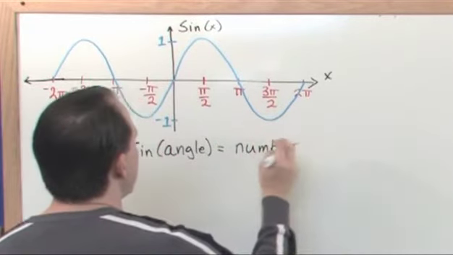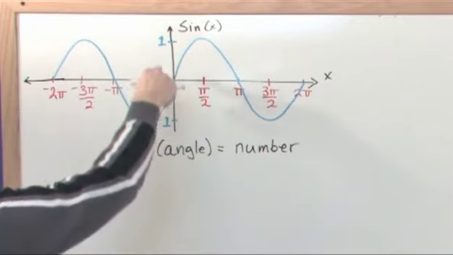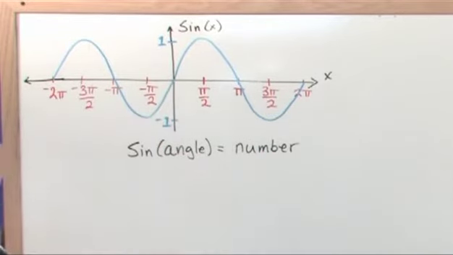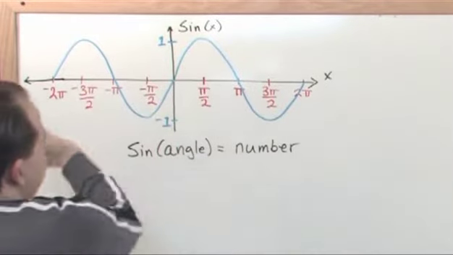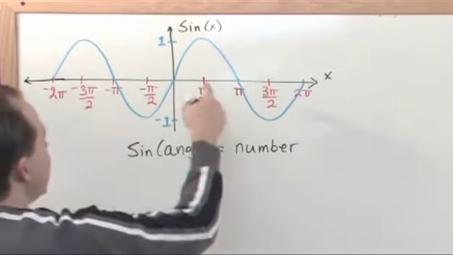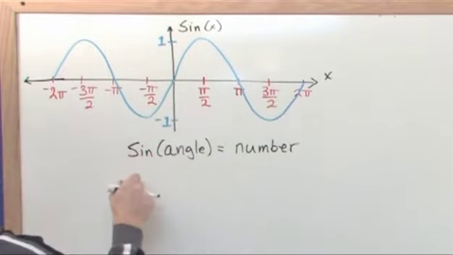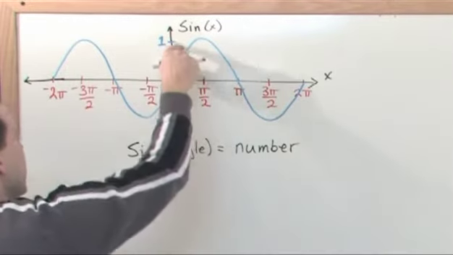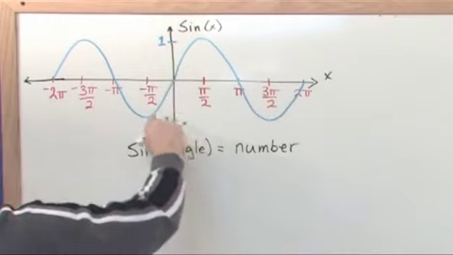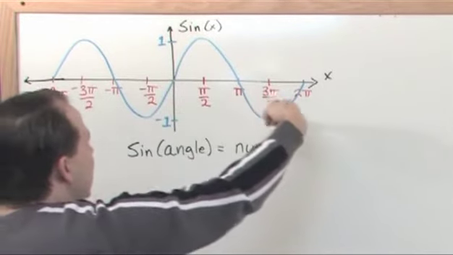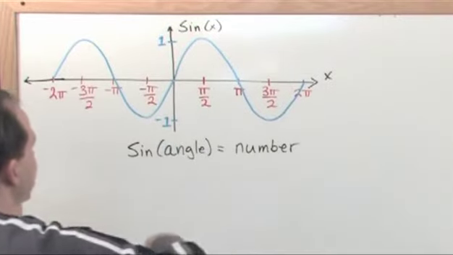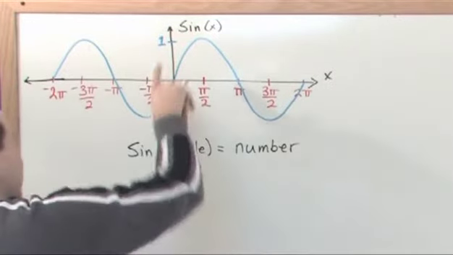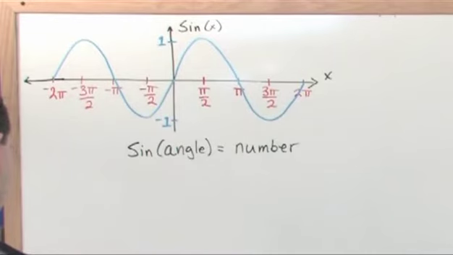This number lies between positive 1 and minus 1, because any angle we put in, even going to infinity or negative infinity, goes into the sine function and it spits out a number that's always between these values. There's repetition here. You have one cycle of the sine function, and if you keep going, you'll get another cycle and another cycle. No matter what angle you put in, you always get something between positive and minus 1.